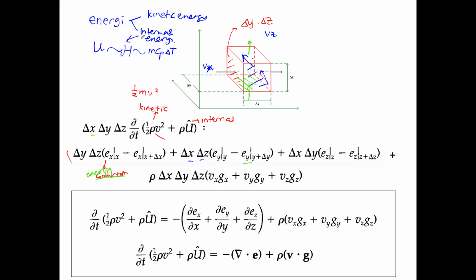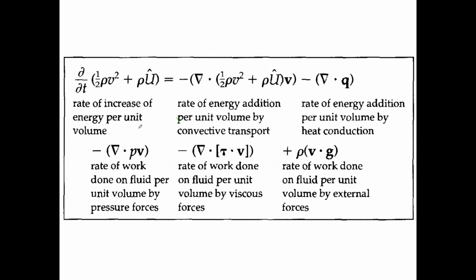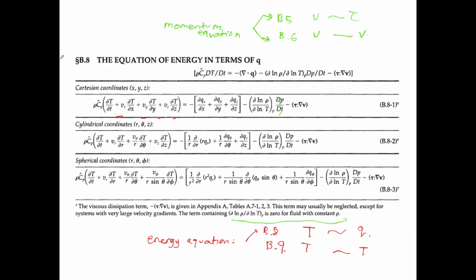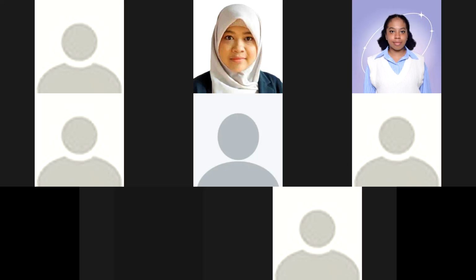So that's why if you go back to here, it just becomes rho Cp dou T dou T. But anyway, let's have a look in the book if they have more explanation.